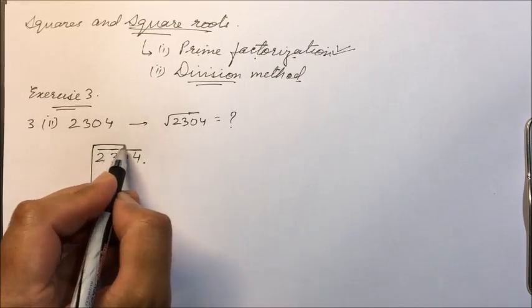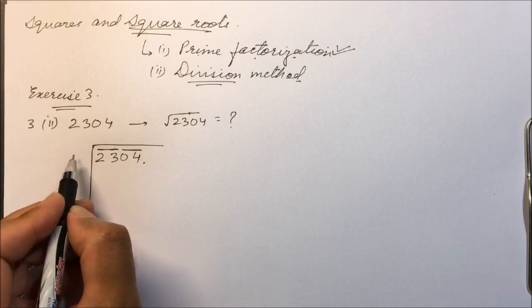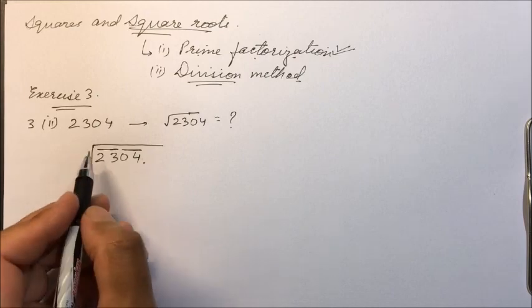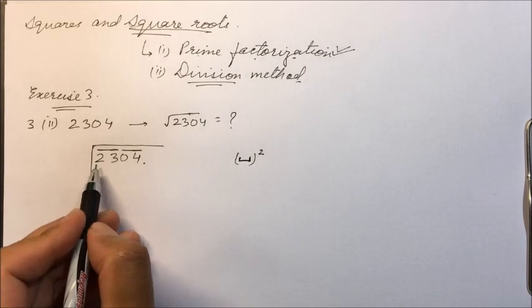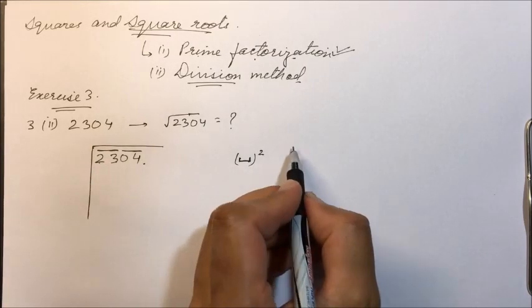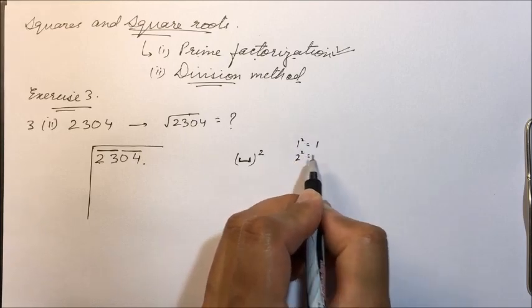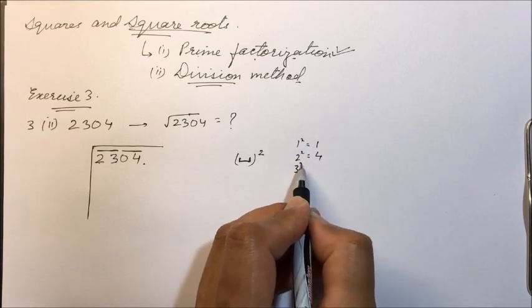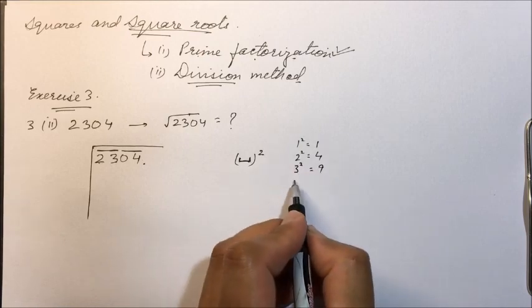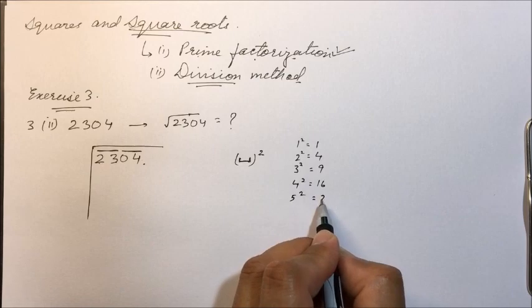Now we have to find the greatest number such that its square does not exceed 23. For example, 1 squared is 1, 2 squared is 4, 3 squared is 9, 4 squared is 16, 5 squared is 25.